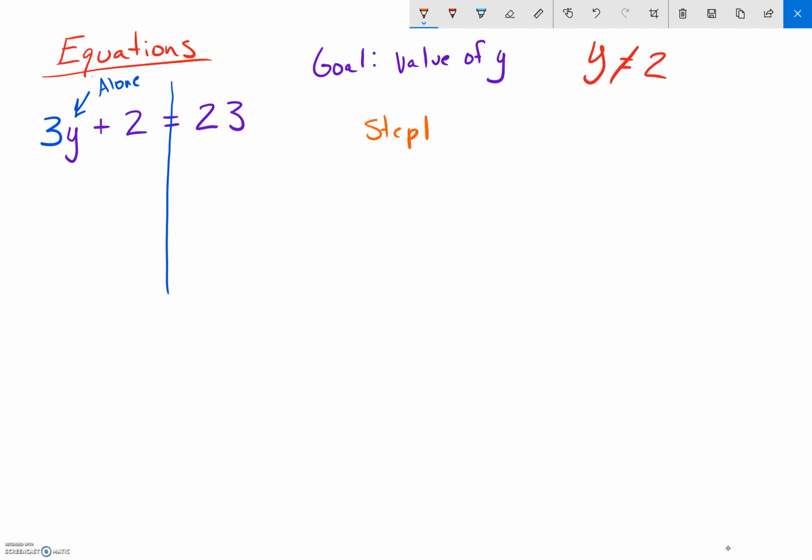Step 1, we need to get rid of the constant, the integer that is alone. So the integer that is alone is this one, 2.